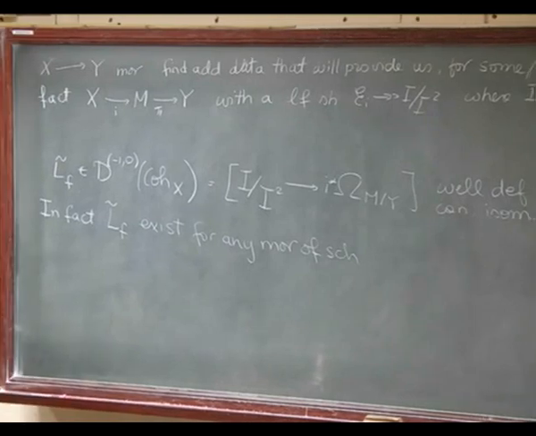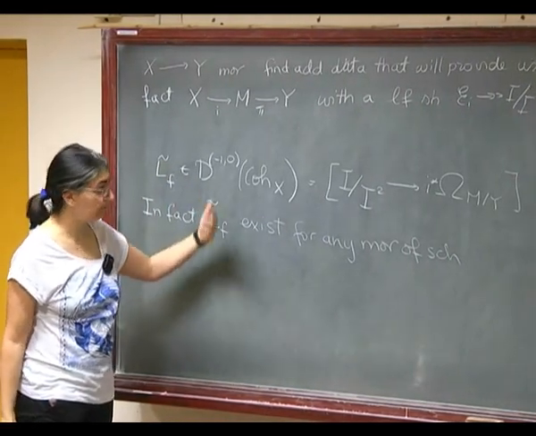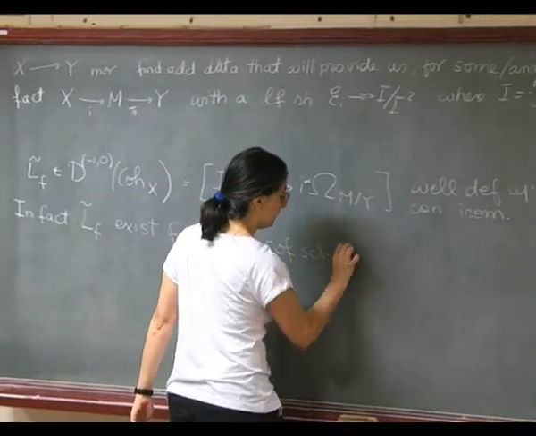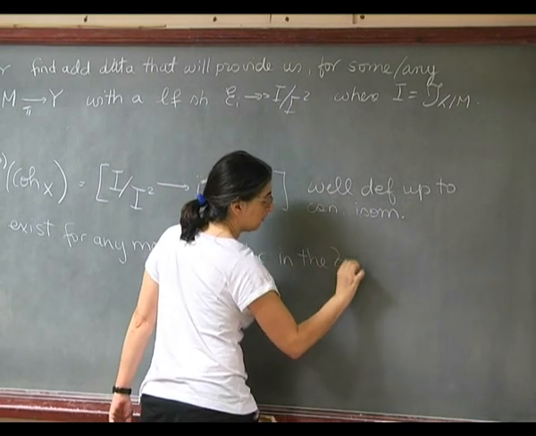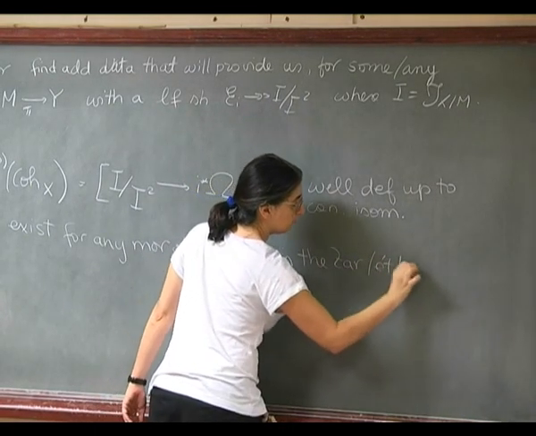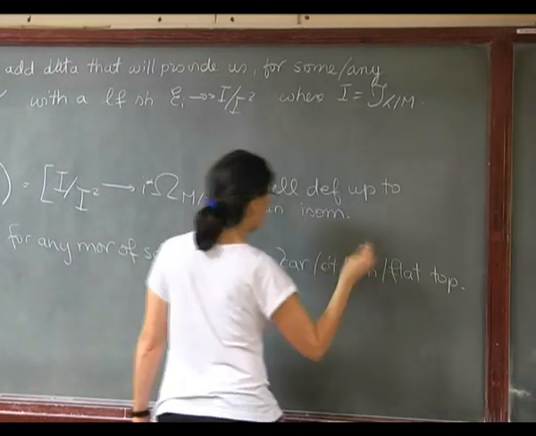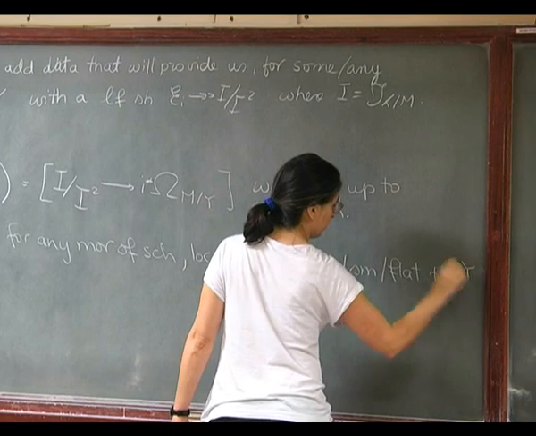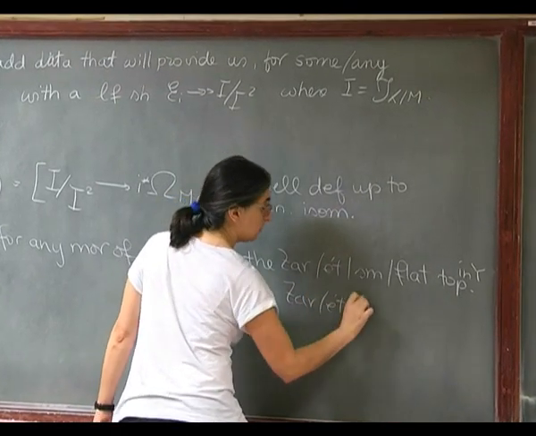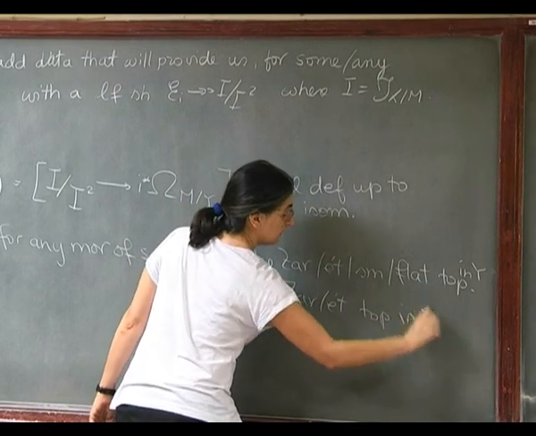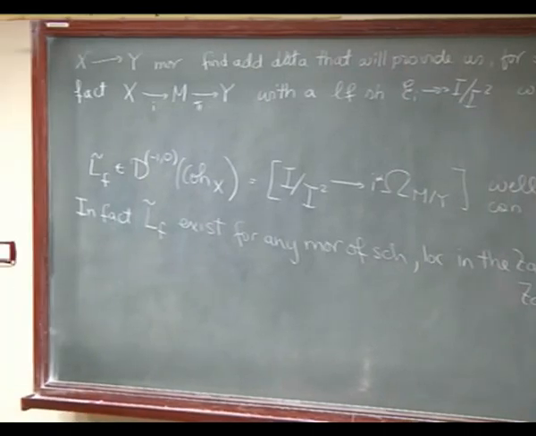And it has the property that it is local in the Zariski, but also in the étale and smooth and flat topology in Y, and it's local in the Zariski étale topology in X. This means if you base change, it pulls back.